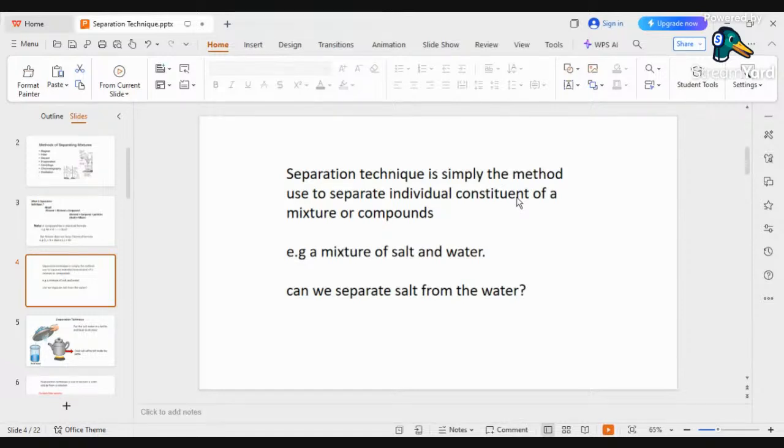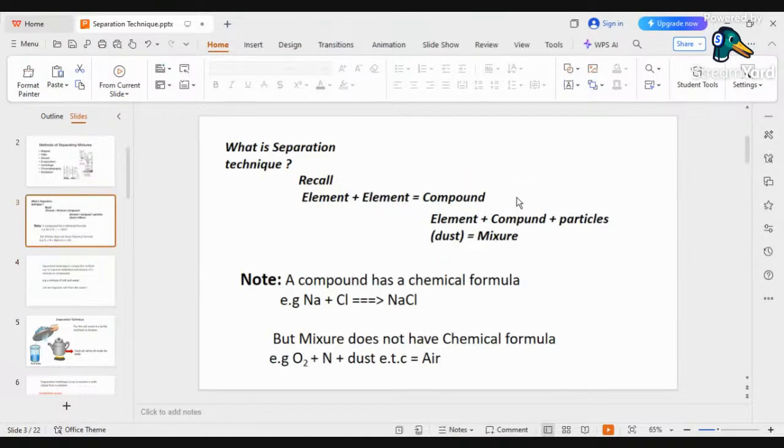Moving forward, I said separation techniques are methods that we apply to separate the individual constituents of a mixture. For example, if I have oxygen plus nitrogen plus dust, you can see my slide, to give us air, and I want to separate oxygen from air, I will apply a method that will assist me to separate this oxygen from the air.